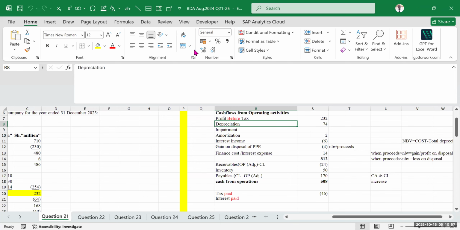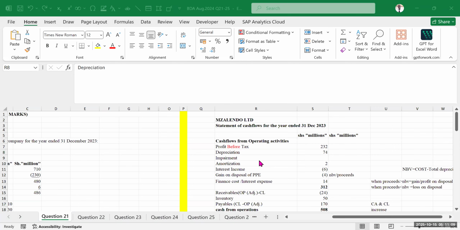The logic, as I had explained yesterday, is very simple, and that is not about to change anytime soon. So long as IAS 7 is still standing, then the concepts that we've explained will remain the same.